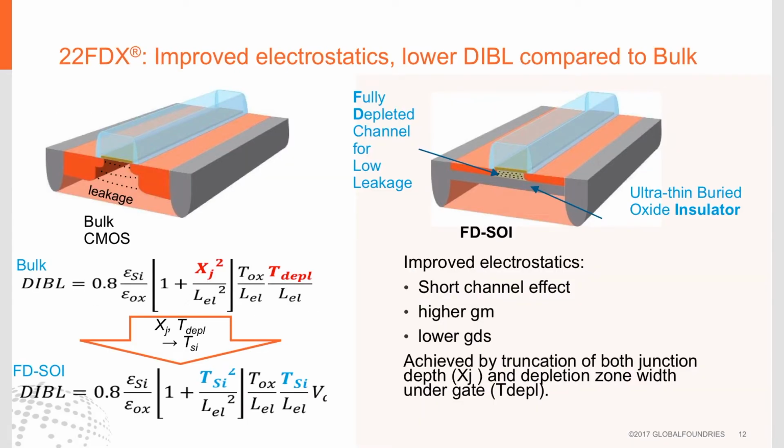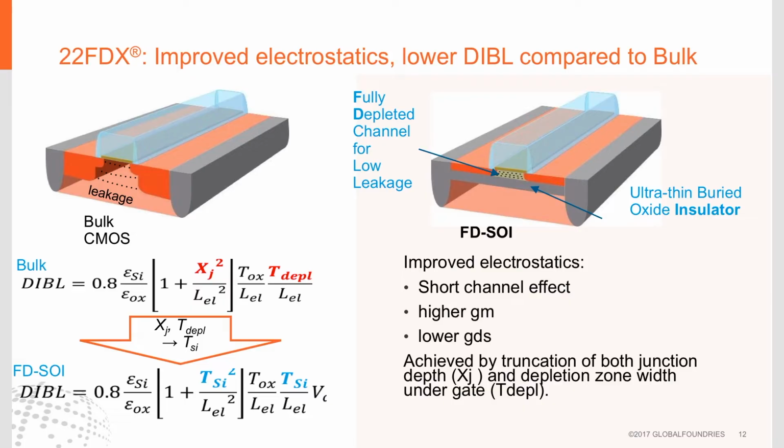22FDX offers improved electrostatics and lower DIBL compared to bulk. All of the activity in the channel is restricted to the narrow region on the right-hand side between the drain and the source and above the BOX. The leakage paths that would normally run deeper into the bulk do not exist.